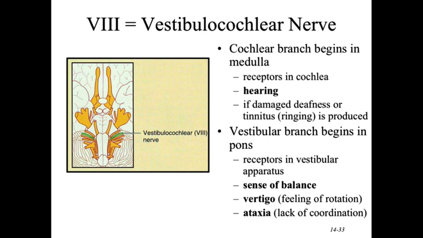Vestibulocochlear is balance and hearing. We know that the inner ear has the vestibular apparatus, and it is a really amazing structure. Just last week alone, I had to treat 2 patients with BPPV, which is benign paroxysmal positional vertigo.